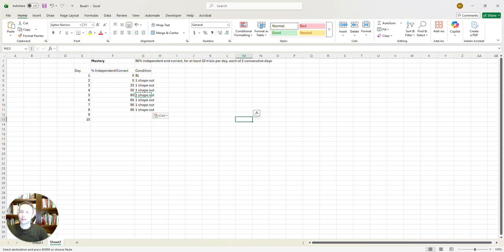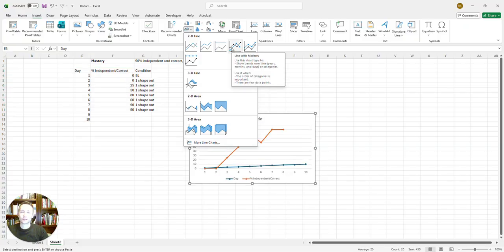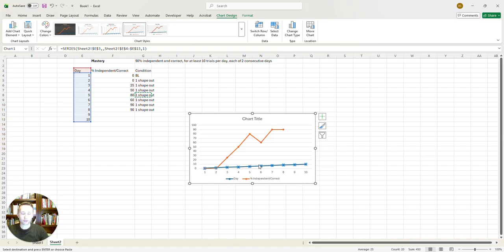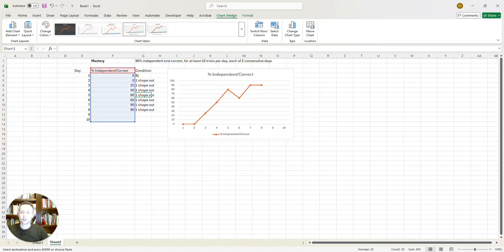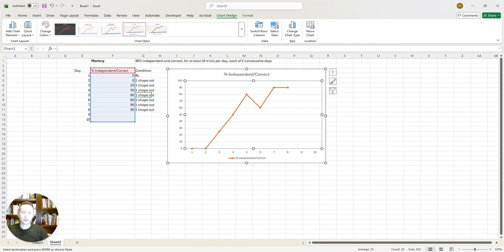Okay, so let's graph this. Let's just graph it and see what it looks like. Okay, so I'm going to give you an equal interval line graph here. I'm just going to make this graph together, and I'm going to sort of move the axes around a little bit. And let's label the axis.